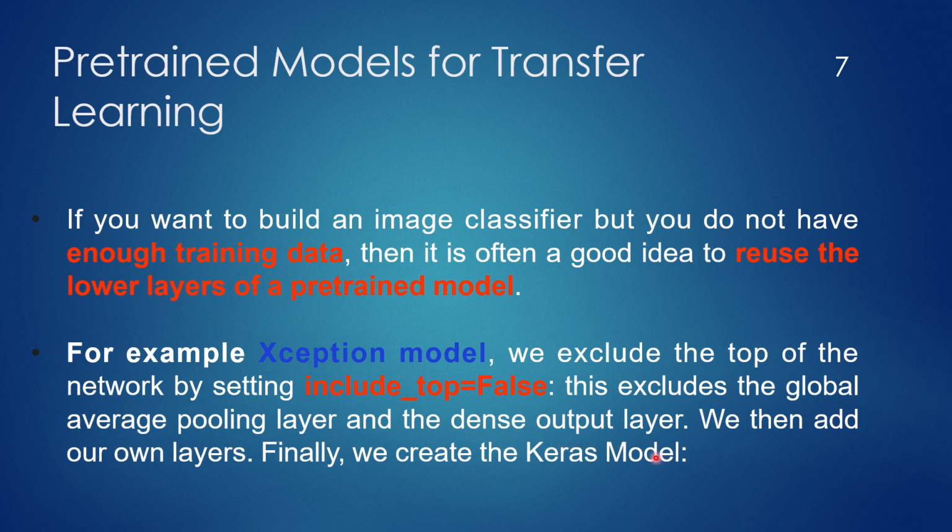You can add your own custom output layers suited to your new task. After modifying the model, you can create a new Keras model using the modified architecture. A pretrained model like Xception can be adapted to new tasks using transfer learning, especially useful when you have limited data.